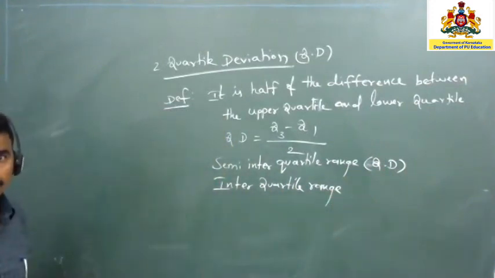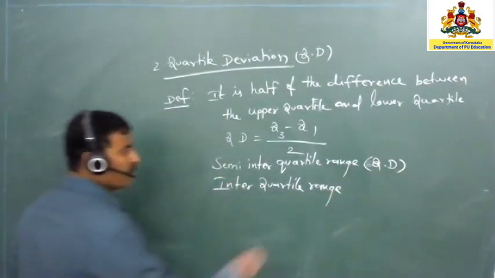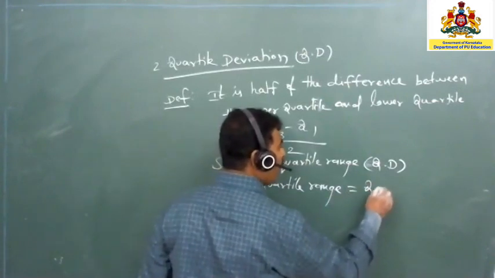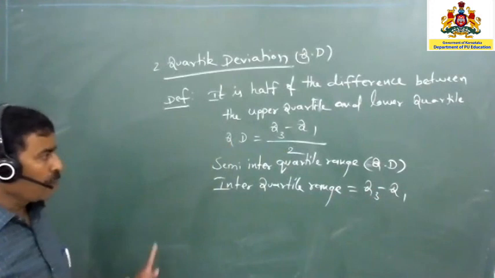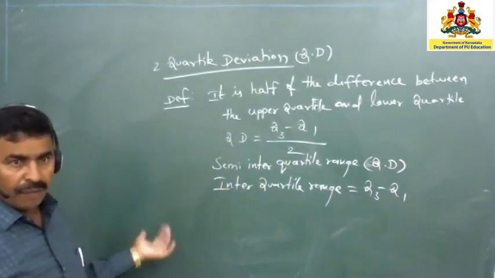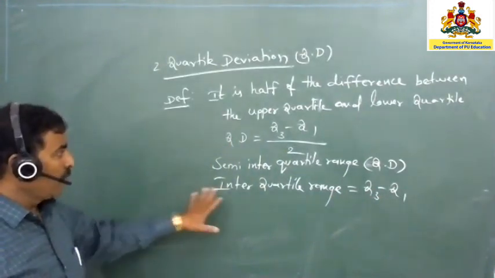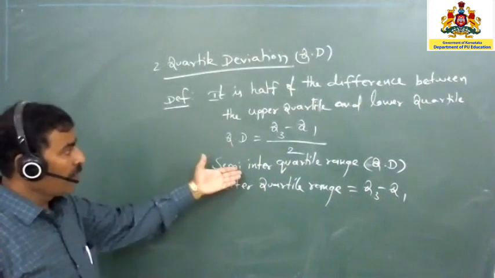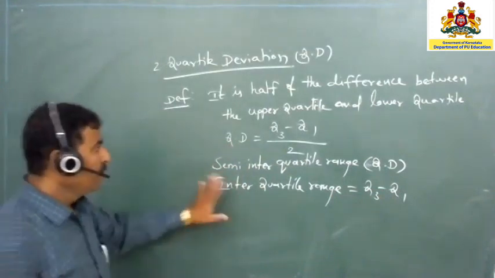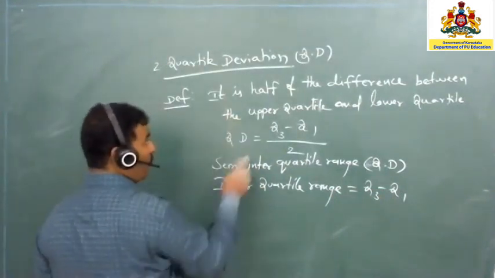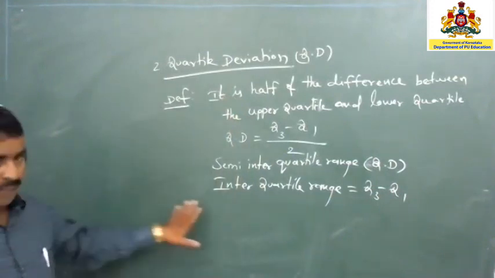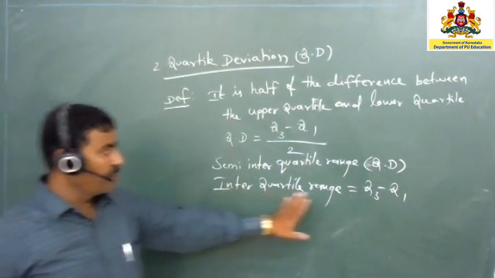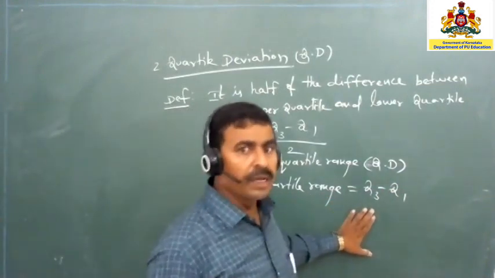Interquartile range means only Q3 minus Q1, upper quartile minus lower quartile. That difference is the interquartile range. Semi-interquartile range is half of that. If interquartile range is asked in the exam question, just use this formula, Q3 minus Q1.